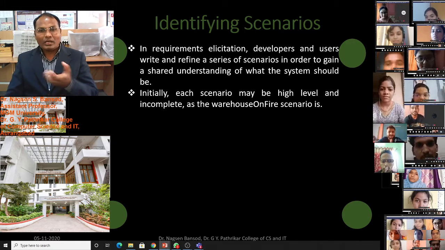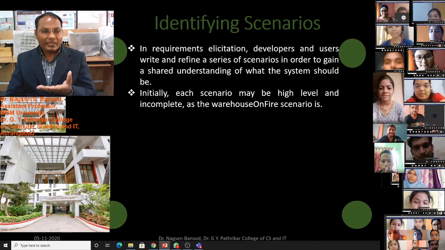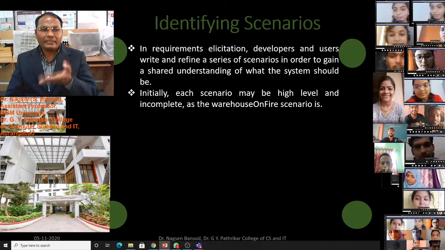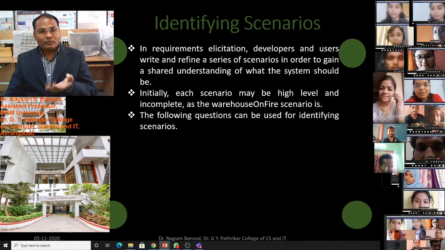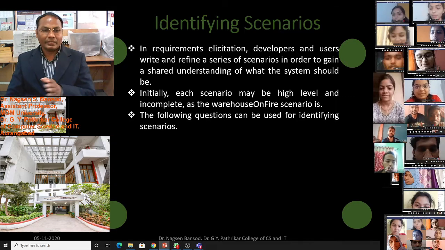We have seen one example of a scenario that was incomplete at the initial level. The following questions can be used for identifying scenarios.